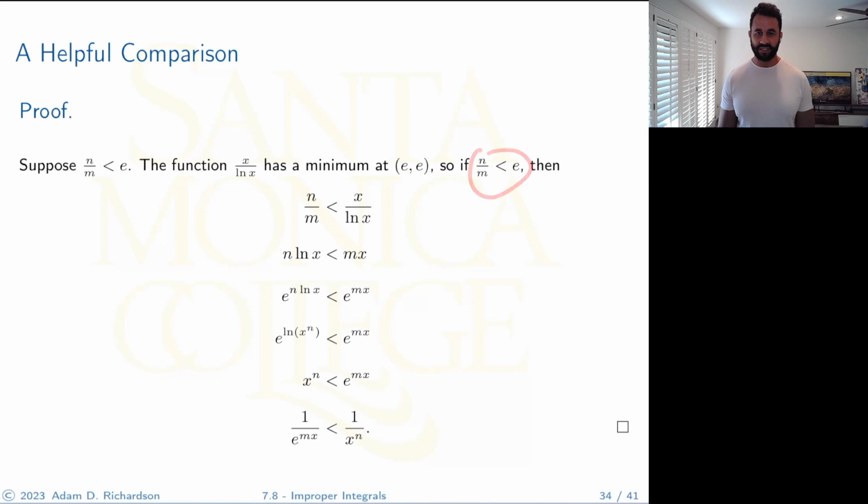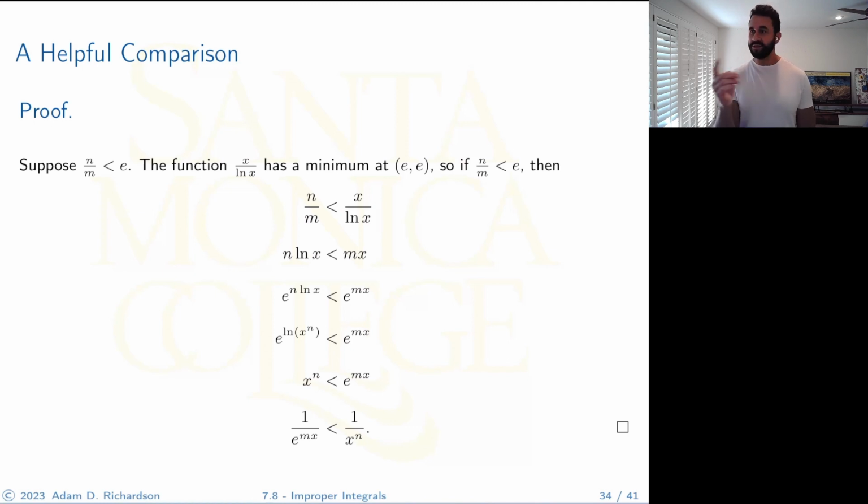So if this ratio is less than e, then we know that n over m has to be less than all the values of this function for x bigger than or equal to 1, right? So the minimum of this is e for all x greater than 1, all right?